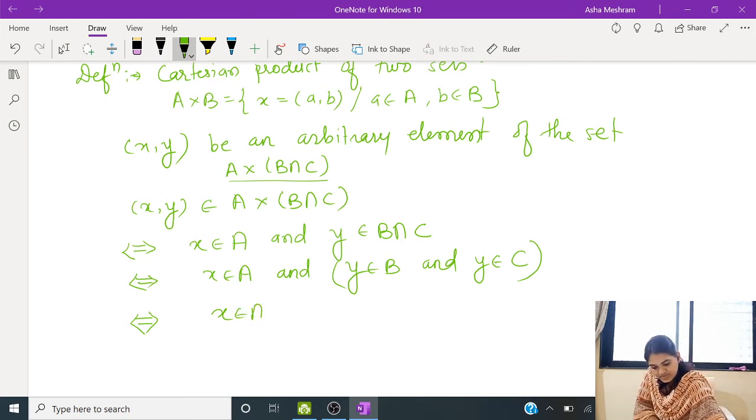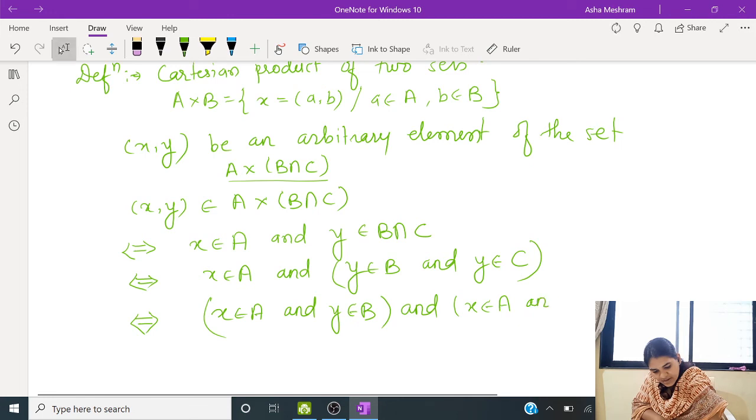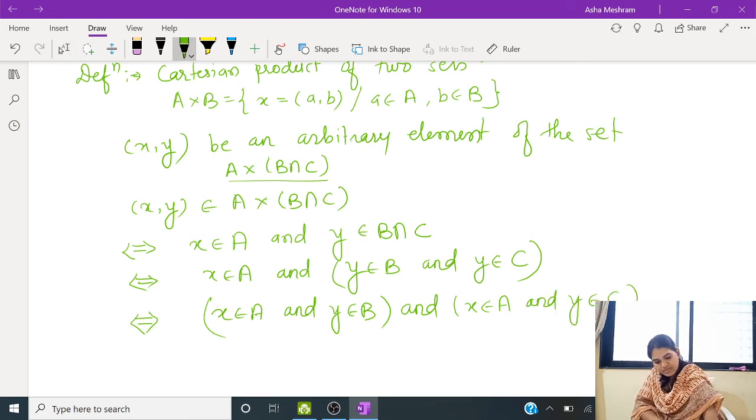So it gives me x belongs to A and y belongs to B, and x belongs to A and y belongs to C. So this AND word is distributed.